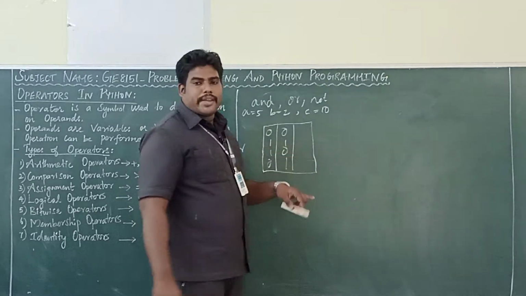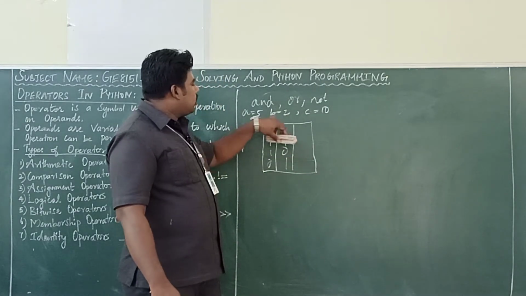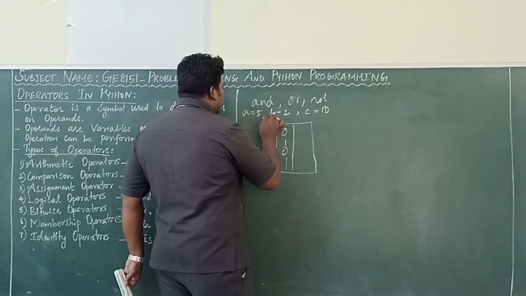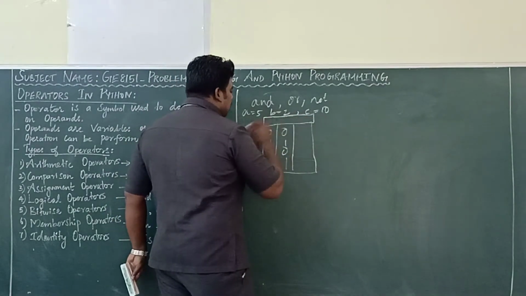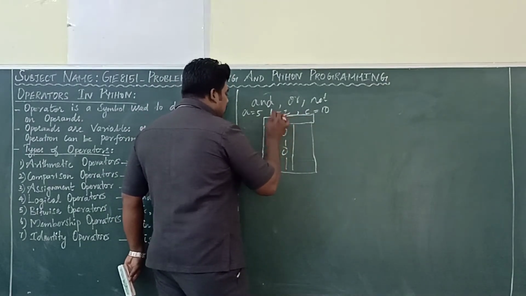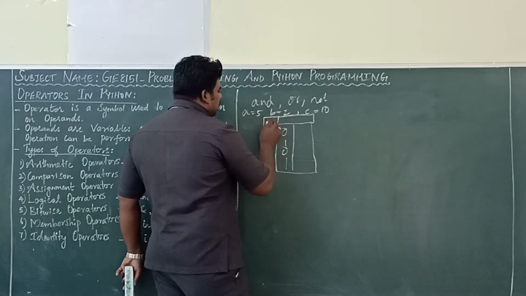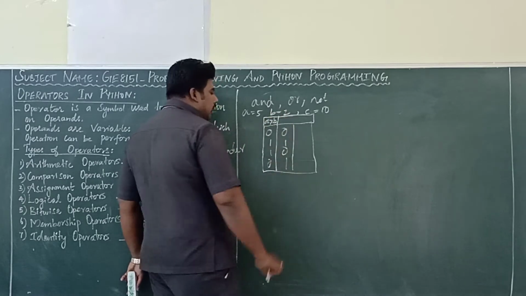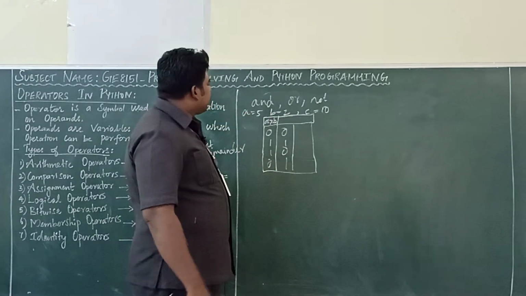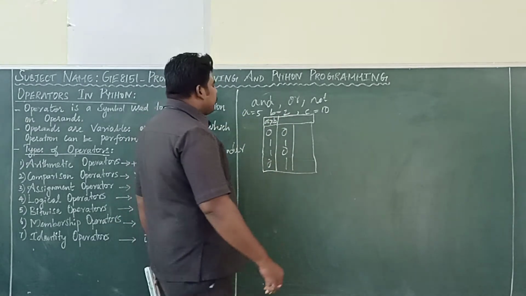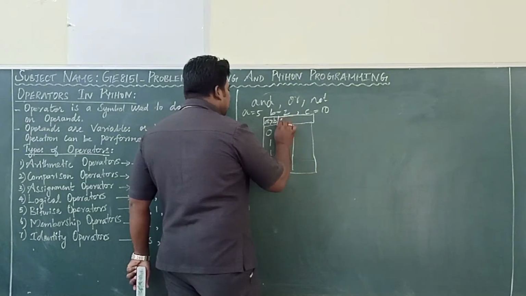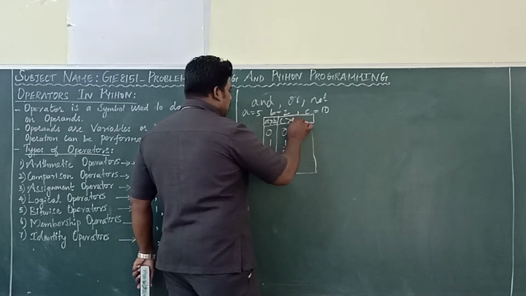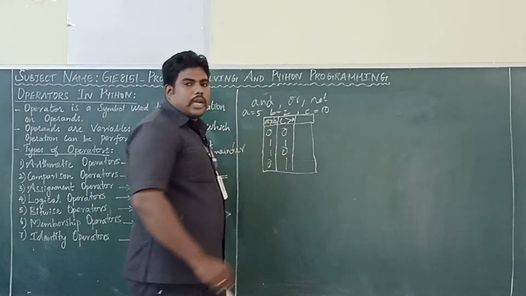Okay, I am using three variables. Here I am checking two conditions. The first condition is A greater than B. The second condition is C greater than A. Two conditions I am checking.